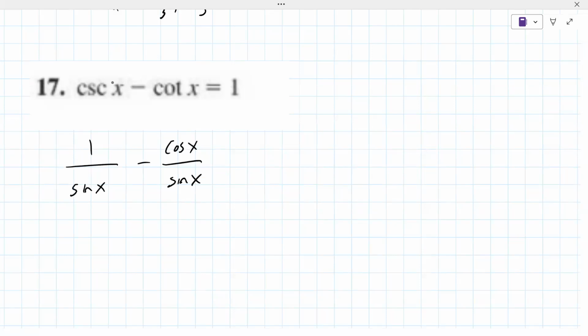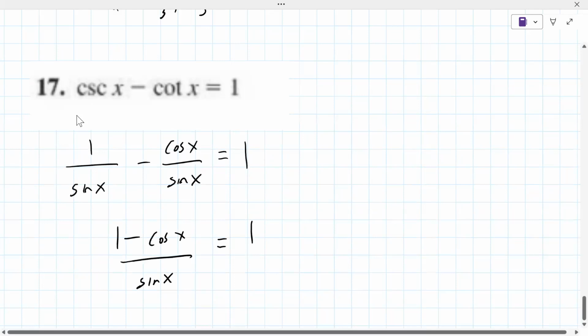You'll actually be doing proofs like this in the next chapter. But in this chapter, what this allows you to do is rewrite it in such a way that you can make a little more sense of it.